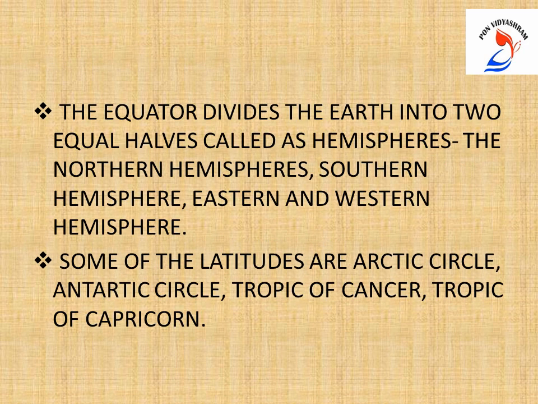The equator divides the earth into two equal halves called hemispheres: the northern hemisphere and southern hemisphere, and there are eastern and western hemispheres. Some of the latitudes are Arctic Circle, Antarctic Circle, Tropic of Cancer and Tropic of Capricorn.